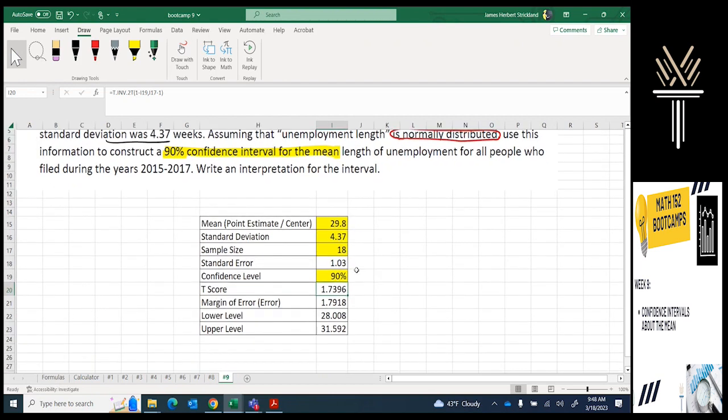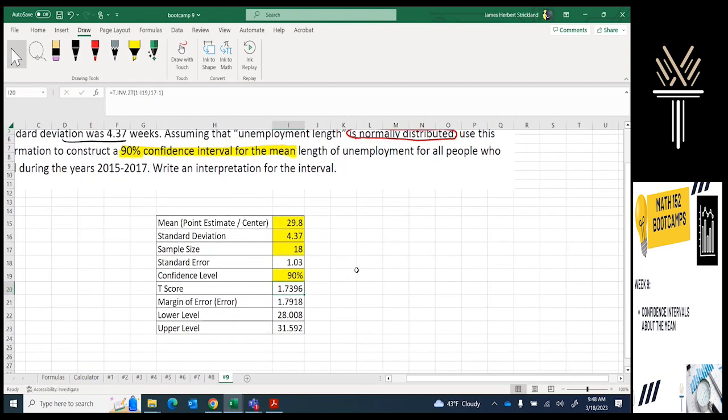So now that we have the confidence level, we have our confidence interval. We have our margin of error calculation if we need it, but more importantly, we have our confidence interval right here: 28.008 up to 31.592.